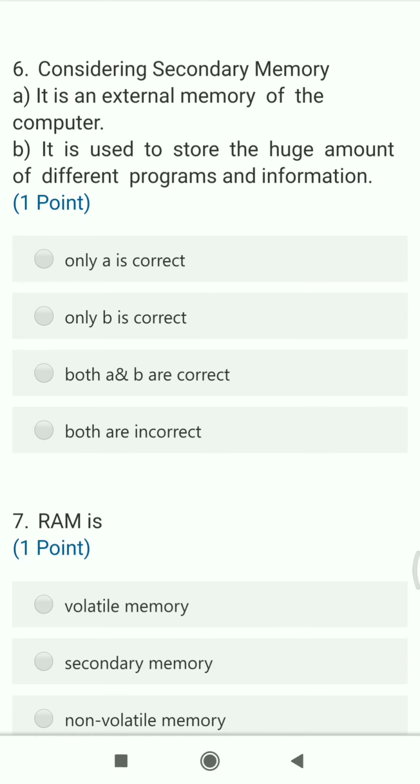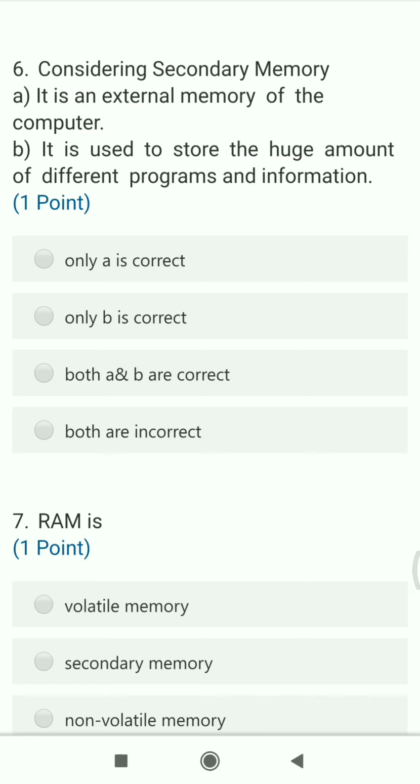So the first statement is correct, and it is also used to store a huge amount of information. Whenever you use a pen drive, CD or DVD to save information, you can take a pen drive of higher capacity also. Pen drives are available in 8 GB, 16, 64, and hard disks are available in TBs.